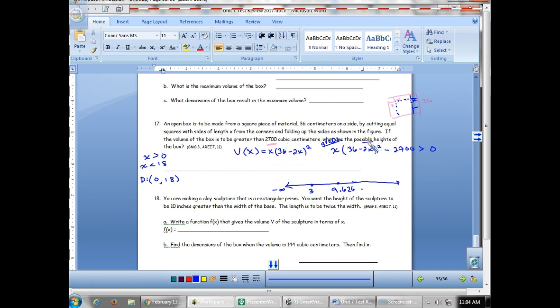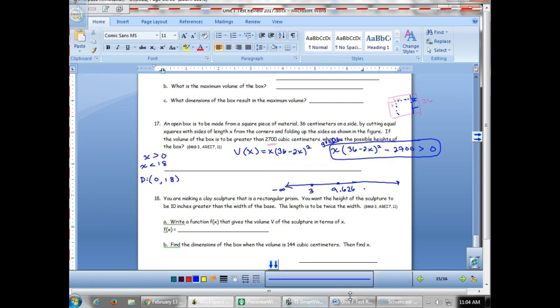Okay, but this is really important. Once you subtract that 2,700, what would have been roots at 0 and at 18 got shifted down by 2,700. So these are no longer going to give us our x-intercepts or our roots because it's been shifted down. Okay? So I think something else is going on.